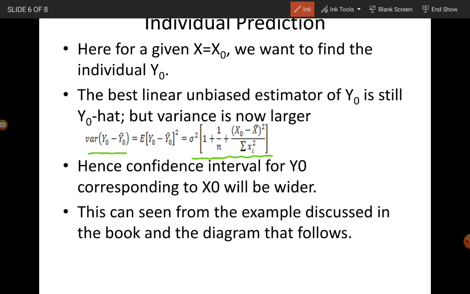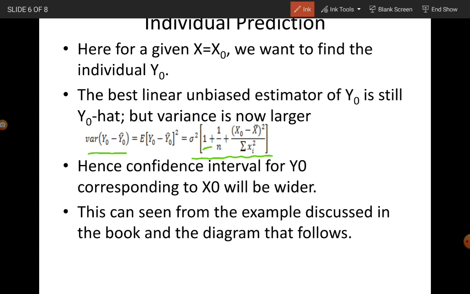In the individual prediction case, we have an additional 1 plus inside the bracket. So the variance in the case of individual prediction is larger, which means the standard error will be greater, which automatically means that the confidence interval you calculate at any given level of alpha will be wider in the case of individual prediction.